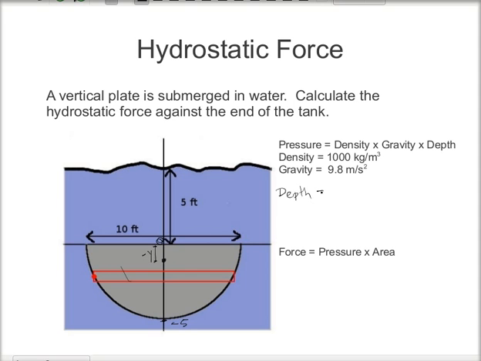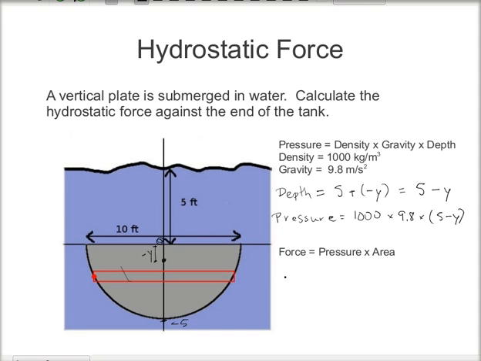So my depth is going to be 5 feet plus -y, or 5 minus y. So that means my pressure is 1,000 times 9.8 times 5 minus y.